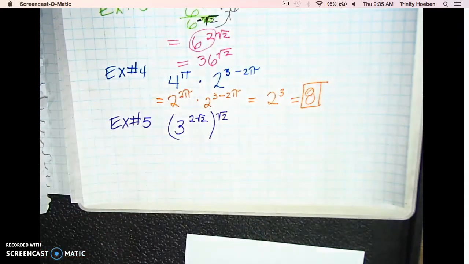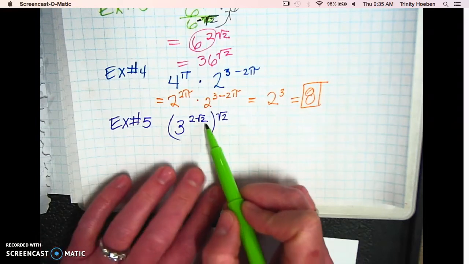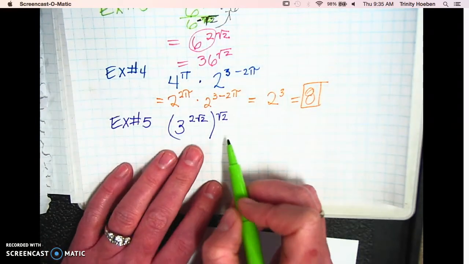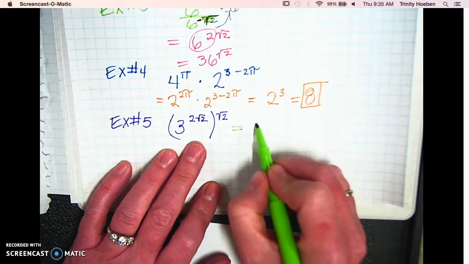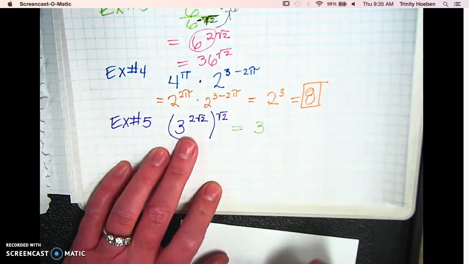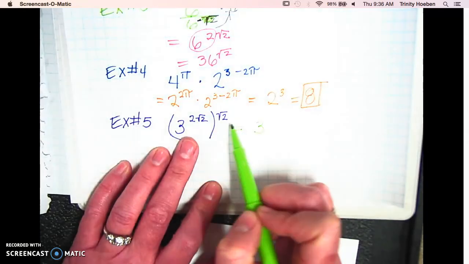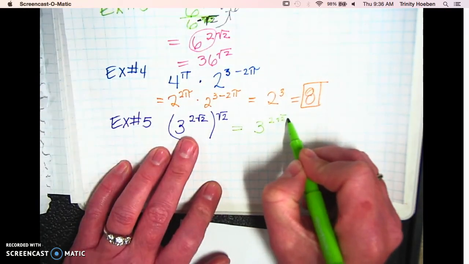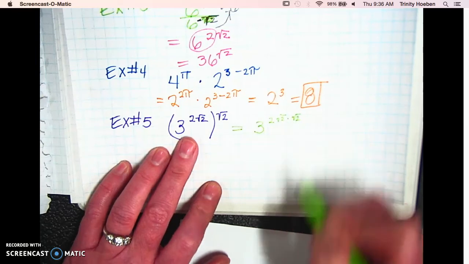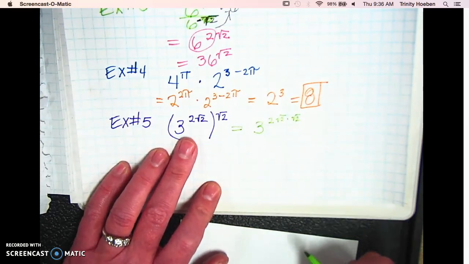All right, number 5, we're seeing a power to a power. So when you have a power to a power, what do you do with the exponents? Multiply them. So we're going to have that same base of 3. Then we're going to take that 2 rad 2, multiply it by the other rad 2. 2 rad 4, yes.